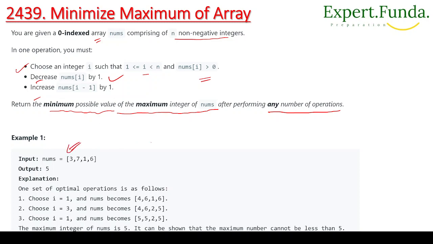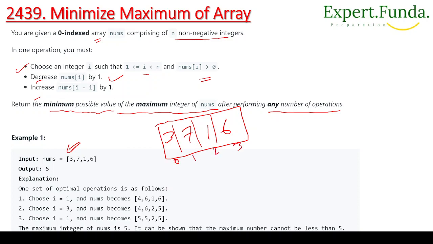Let's look at the example we have been given. It says we have 3 7 1 6, and this is the array. First we will choose any index, let's suppose we are taking indices 0 1 2 3.